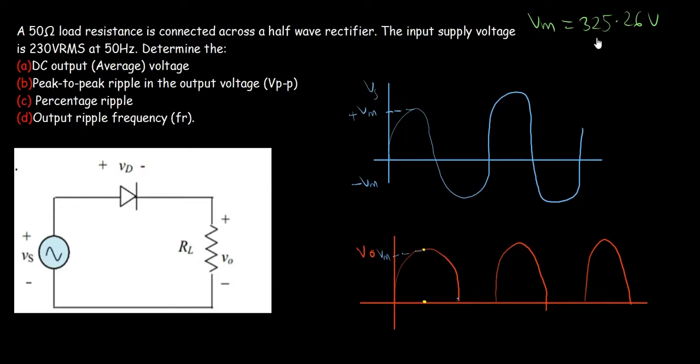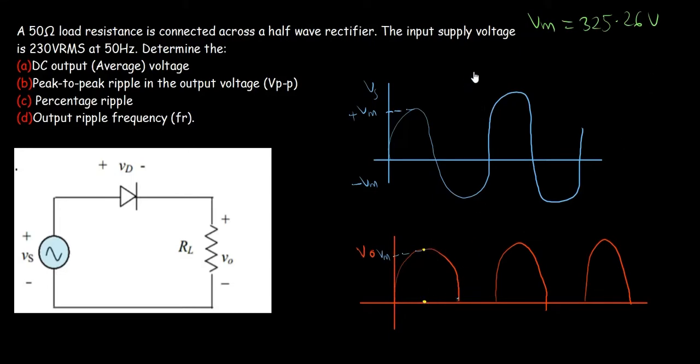voltage. So you got the maximum output voltage to be 325.6 and the minimum will be 0. That's for a half wave rectifier, because it will go up to the Vmax, which in this case is 325.26. Then it will come down to 0.